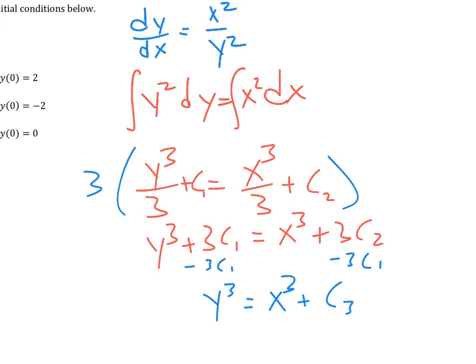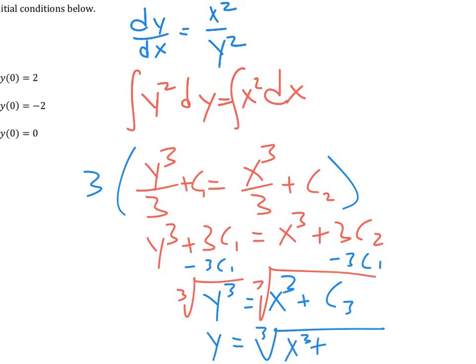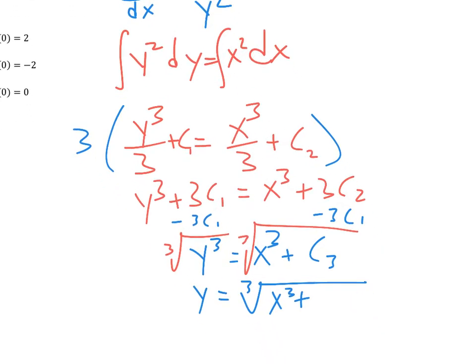All right, we're now trying to solve for y, so we've got to get rid of that cube. So the last thing we're going to do is cube root this. All right, and we see y equals the cube root of x cubed plus, and I'm going to drop that subscript. It's just c, a constant. In the end, we've got all these different constants.